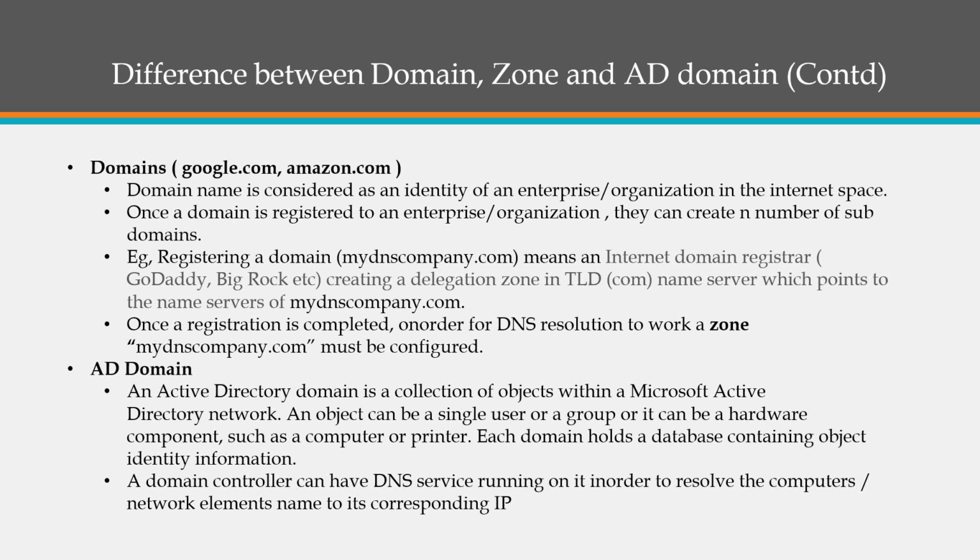When I say my DNS servers, if this zone is mine, then I'll be hosting or configuring this zone on some servers. So the IPs of those servers will be configured into the TLD .com's name server. We haven't looked into what delegation is, but we will be covering that in this video. For the time being, just understand that the name server of com will have information about the name servers of mydnscompany.com.